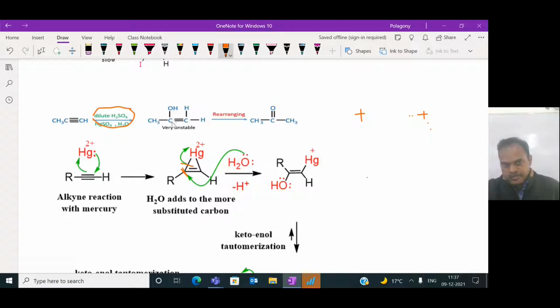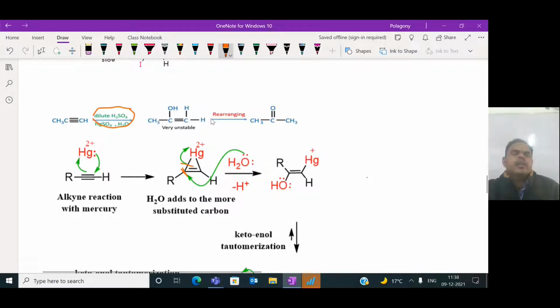This is an alcohol, which is unstable, and this unstable alcohol is subjected to rearrangement by tautomerism, giving rise to a carbonyl compound. A ketone is obtained, CH3-C(=O)-CH3.